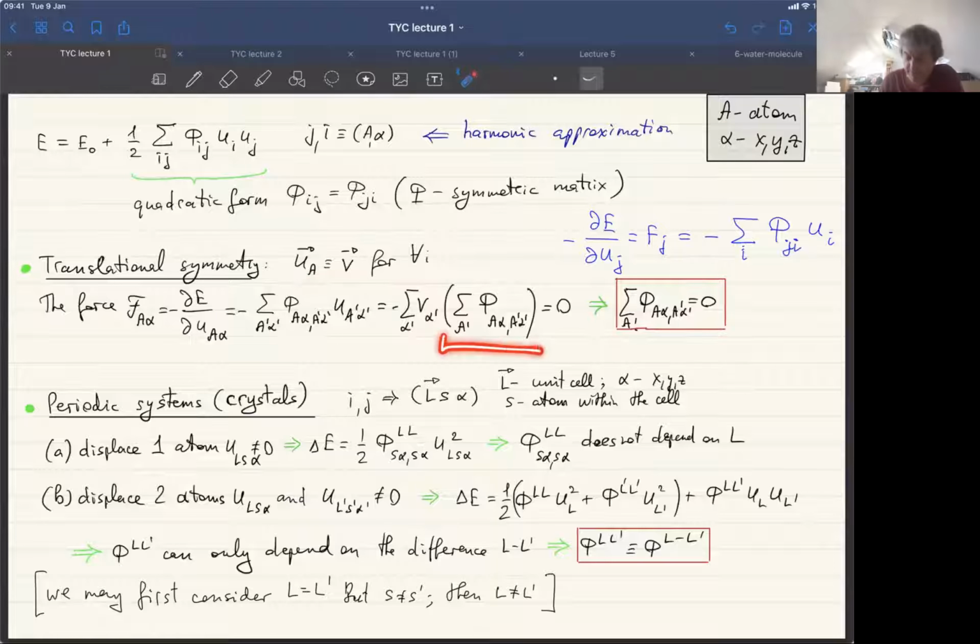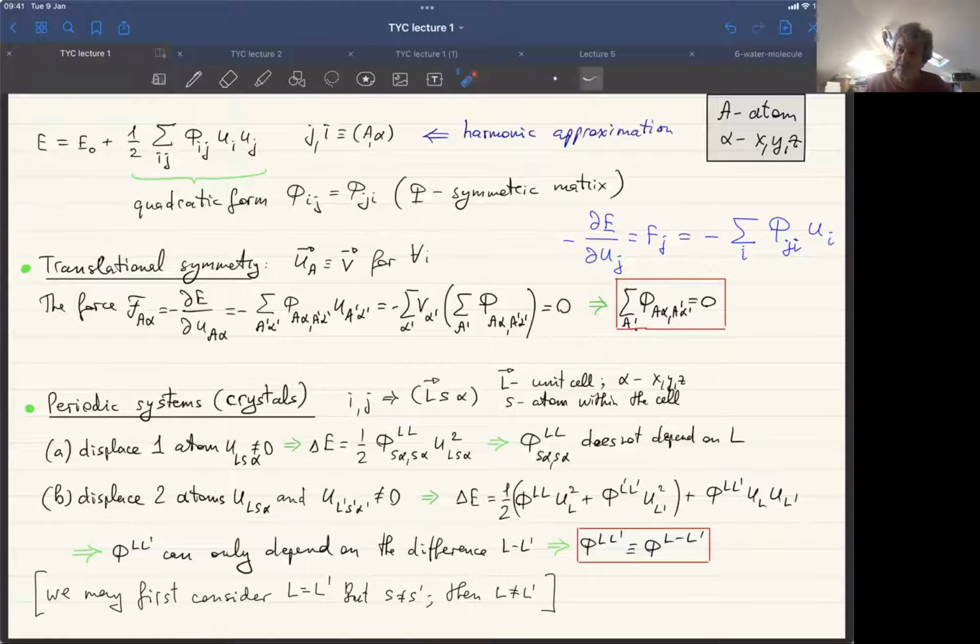What we're left with sums over all atoms, arbitrary alpha and alpha prime. And because that force must be equal to 0, which corresponds to the fact that the energy does not change as we shift the whole system, we obtain that expression for the force constant matrix. So the force constant matrix must satisfy this condition.